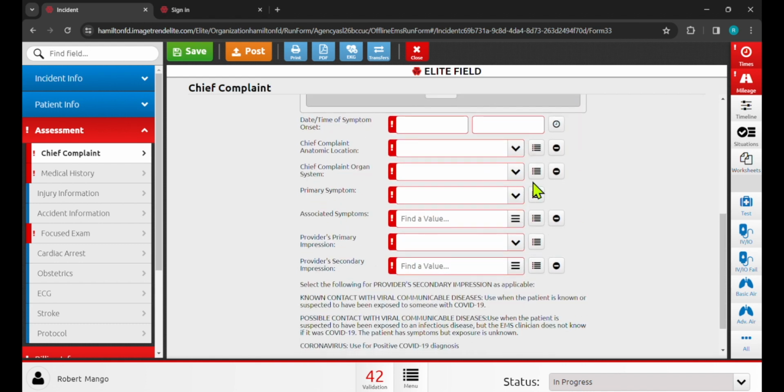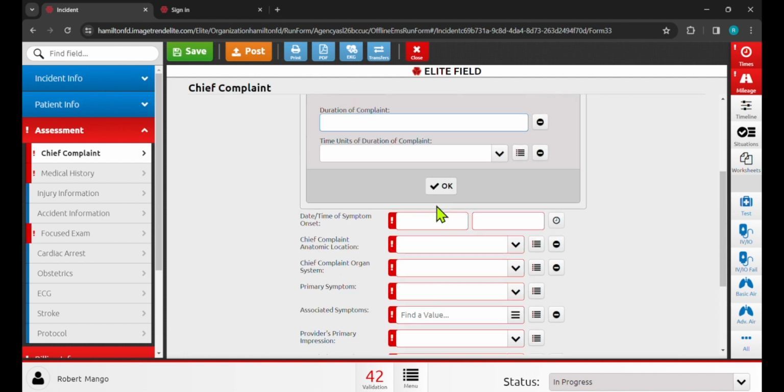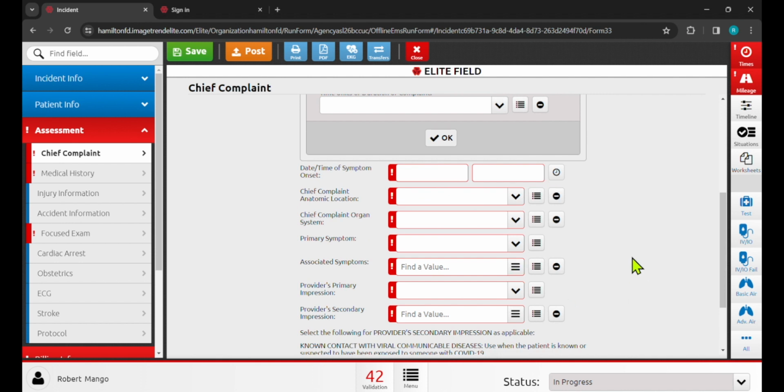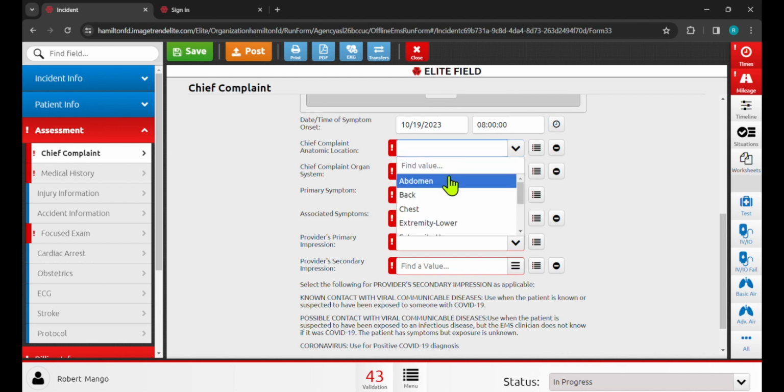And then we get into stuff that should be fairly familiar if you have worked with EMS reporting software in the past. This is your symptoms, impressions, onsets. So at 0800 today, my shortness of breath started. Where did it start?